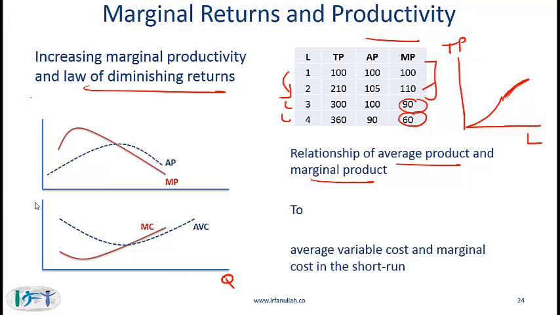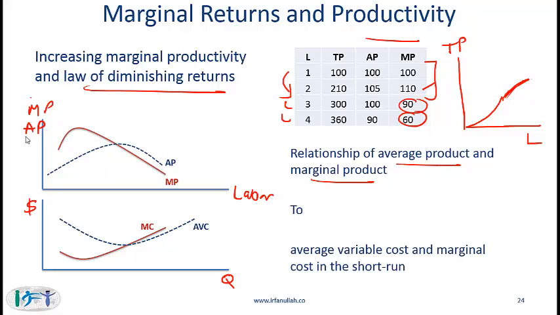We said that the marginal cost intersects the average variable cost at the minimum. Over here we are talking about average product and marginal product. Let's say we are talking about the average product and marginal product with respect to the quantity of labor. This is the factor of production that we are concerned with. And on the y-axis we are looking either at the marginal product or the average product.